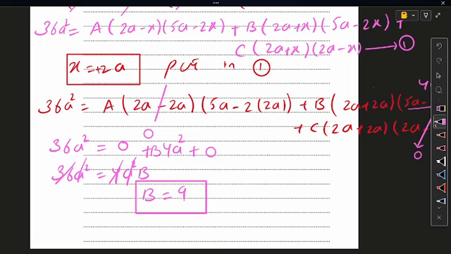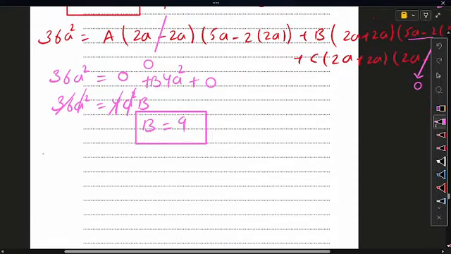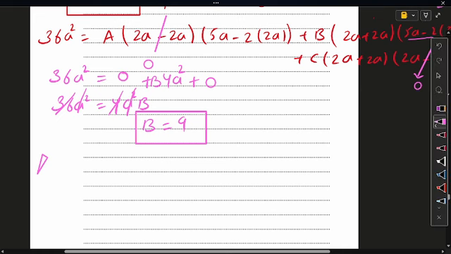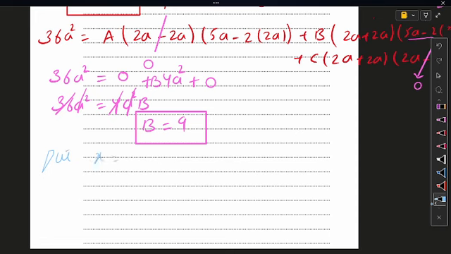That will be the answer for b, once you put x is equals to 2a. For the second step now, you have to put x is equals to negative of 2a in equation number 1.